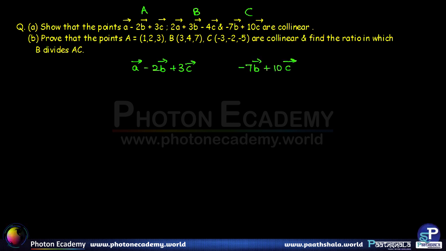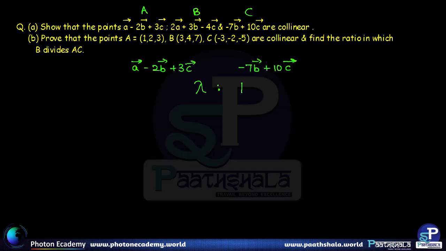Now suppose B divides A and C in the ratio lambda is to 1, then by section formula we can find out the vector of the point which will divide AC in this ratio lambda is to 1.